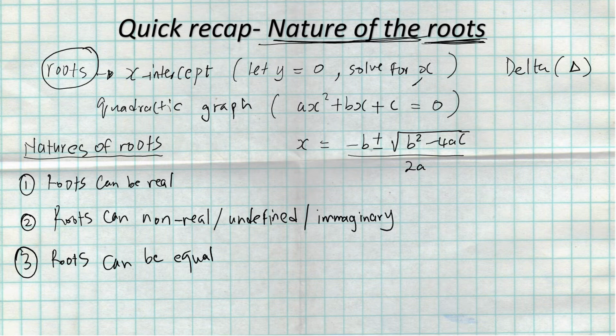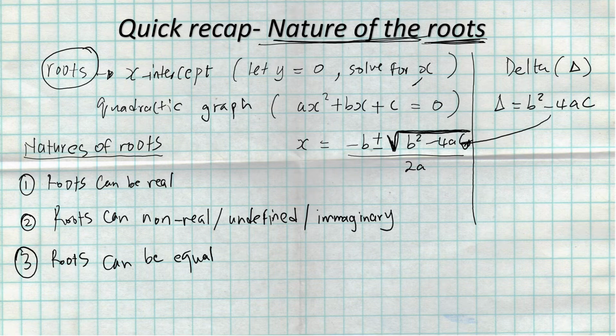After calculating delta, you'll be able to tell whether your roots are real, non-real, or equal. Delta is equal to b squared minus 4ac, which you can see in your quadratic formula is the expression inside the root.